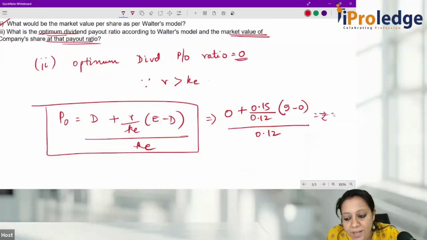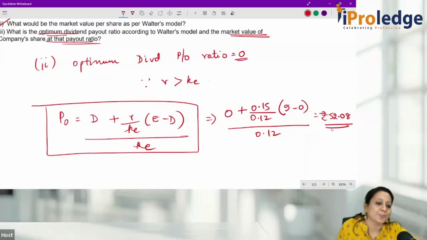So the price of the share will go up only when the dividend payout ratio is zero. It will be optimum. Okay. All right. So this is what the second subdivision is asking about. That also we have done.